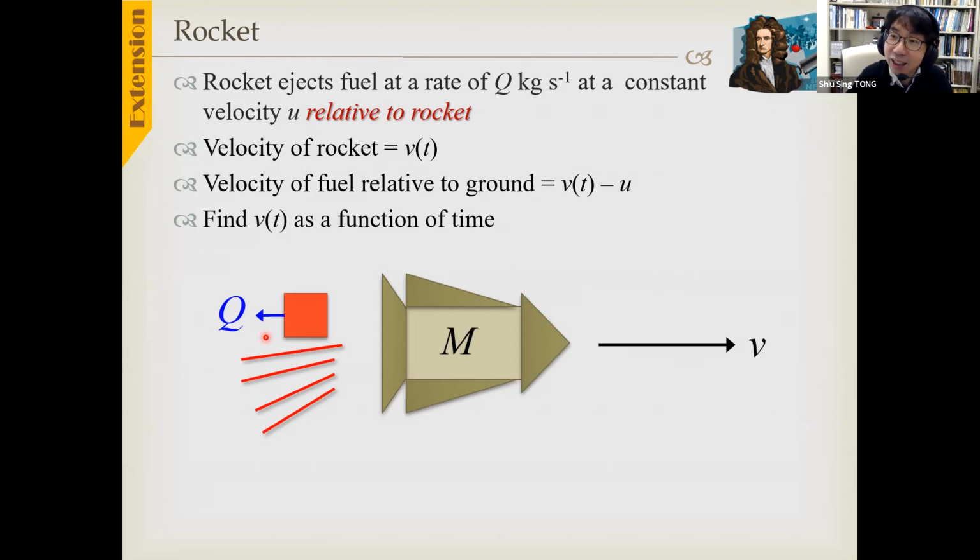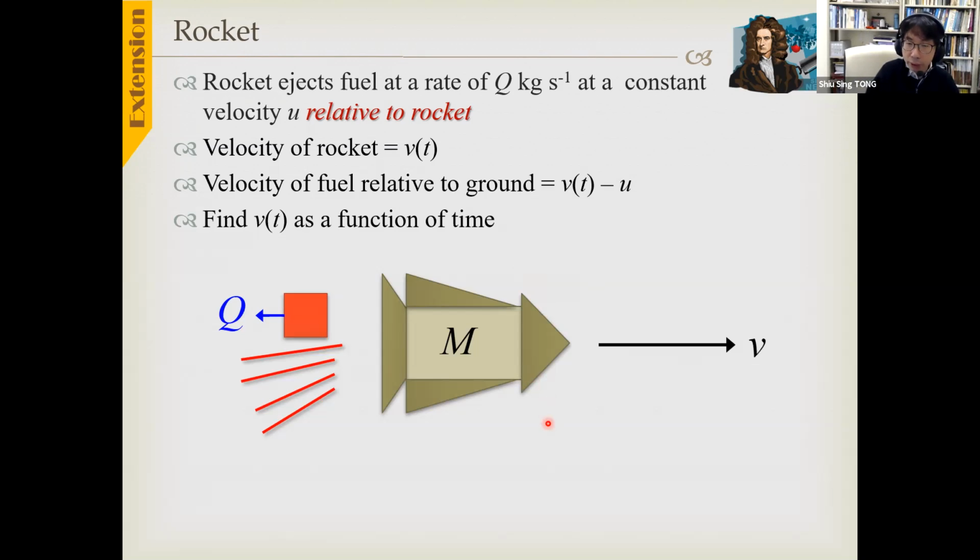Okay, we have v minus u because we define the right direction, the direction of travel of the rocket, as positive. Relative to this positive direction, the velocity of ejection is minus u, and the minus u velocity has to be added to the velocity of the rocket to get the velocity of the fuel relative to the ground. Okay, is that clear?